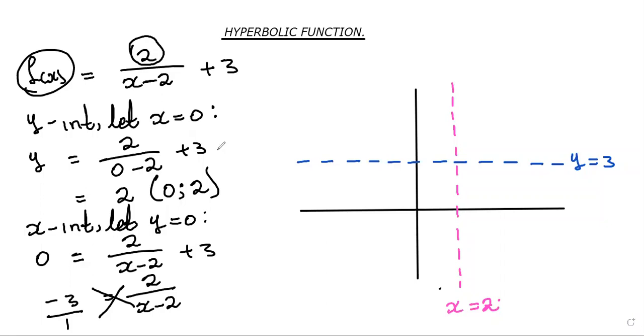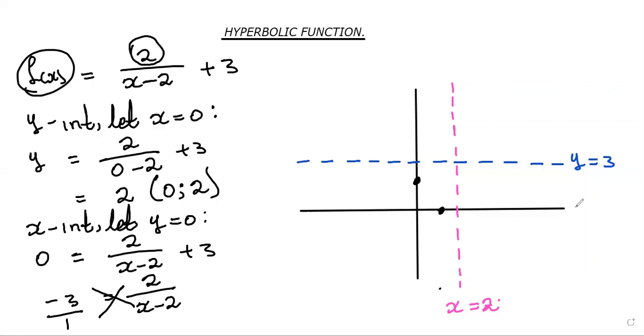After this, we need to plot our intercepts. We said the y-intercept is going to be at positive 2 there. And then we said the x-intercept is going to be at 4/3, which is roughly 1.33. So it's less than 2.